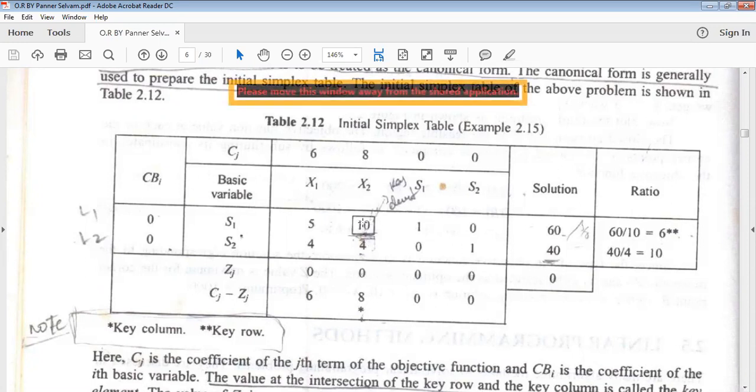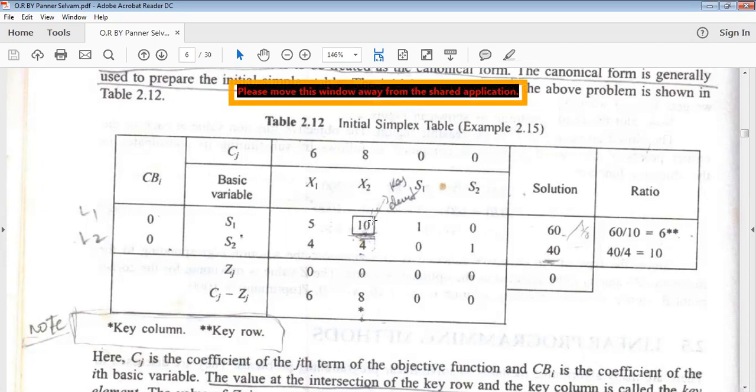You divide the values of the constraints by these: 60 by 10, which is 6, and 40 by 4, which is 10. So you have to select the smallest ratio. 6 is the smallest, hence this is the entering row, which he has marked with two stars. Therefore the 10 he has blocked in a square block.